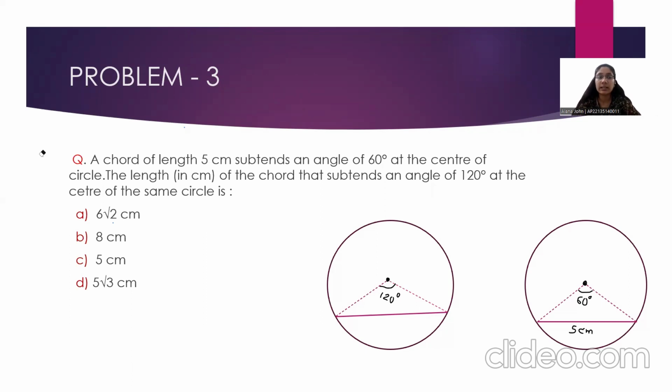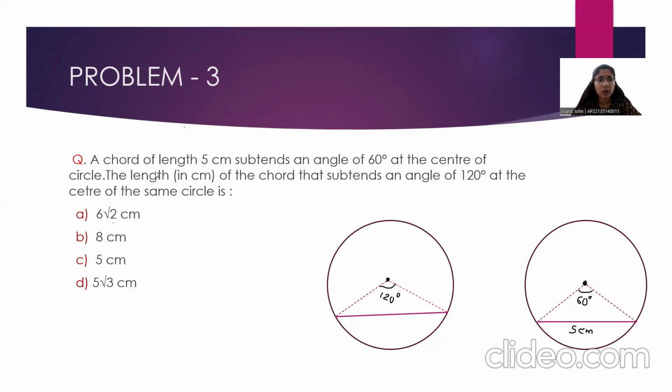Always, while getting a problem, the first thing you have to do is to draw the diagram. Draw the circle and whatever information is given in the question, plot all those things in the diagram. Then it will be easy for you to find the way how to solve the problem. Okay, so let's see what problem 3 says.